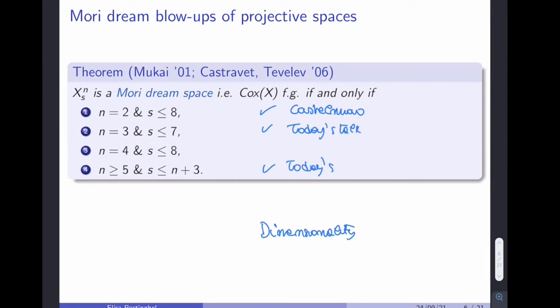There is one case that is still missing, the 4-dimensional case with 8 points. I'm just going to say this is in progress by Santana Sánchez. I guess he's on his way to finding a solution, but he's still working on it.